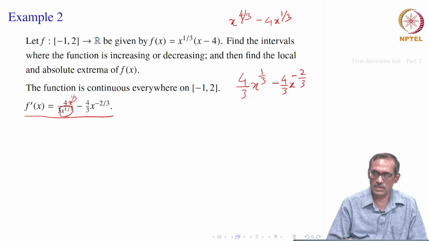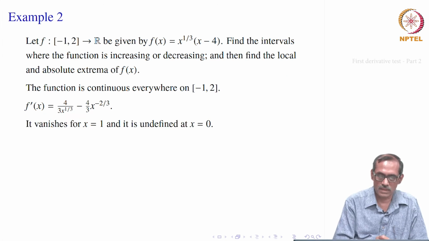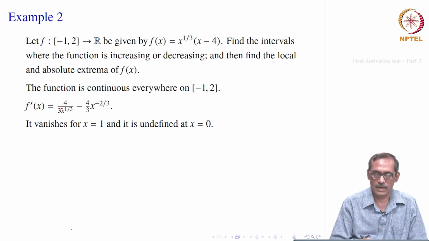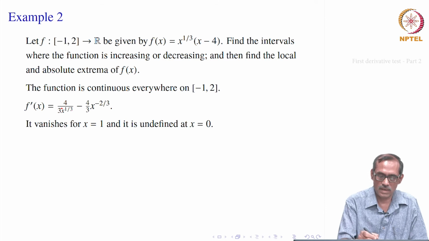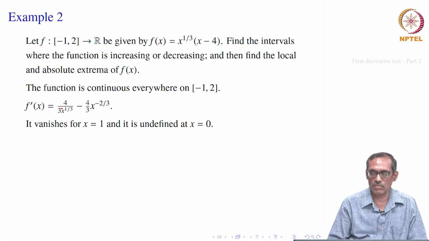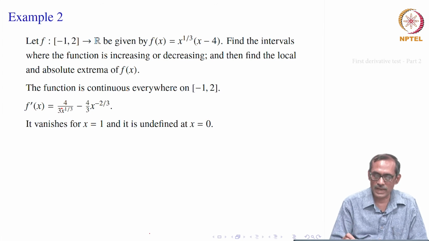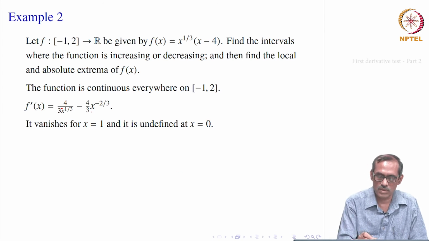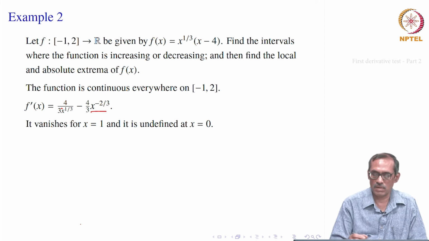So, where is it equal to 0? What are the critical points? We see that this is on the top. So, it vanishes for x = 1. At that point this is also 1 and the x^(1/3) is also 1. So, it vanishes for x = 1, and it is not defined for x = 0 because x^(-2/3) is involved.